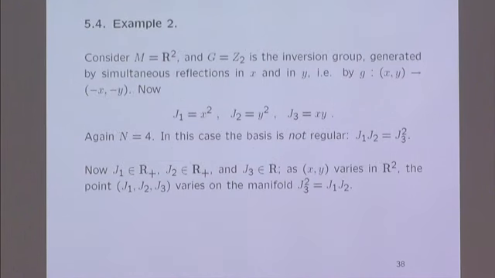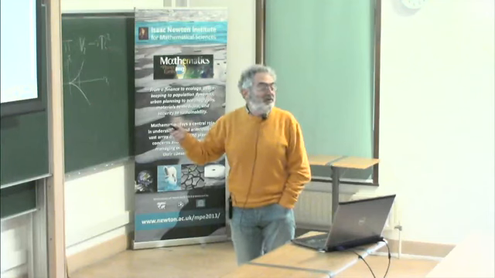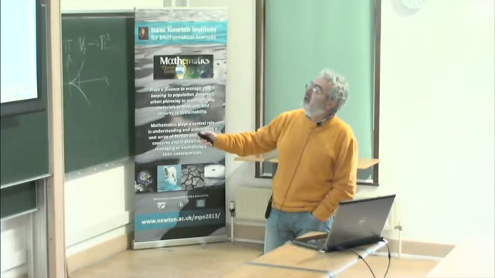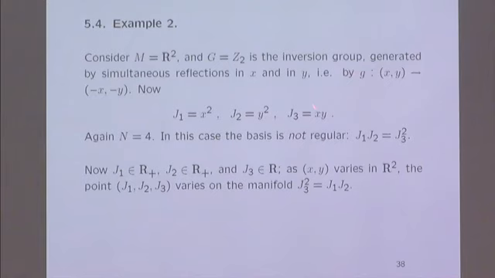Example 2, in which case I have a non-regular basis. So I take inversions, again in 2 dimensions. So invariants are x squared, y squared, and xy. In this case, the basis is not regular because the product of J1 and J2 gives me the square of J3.